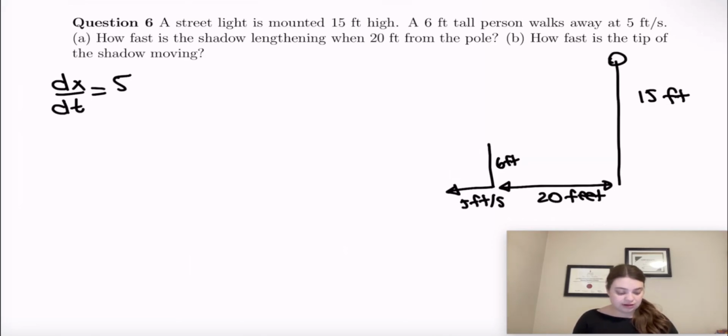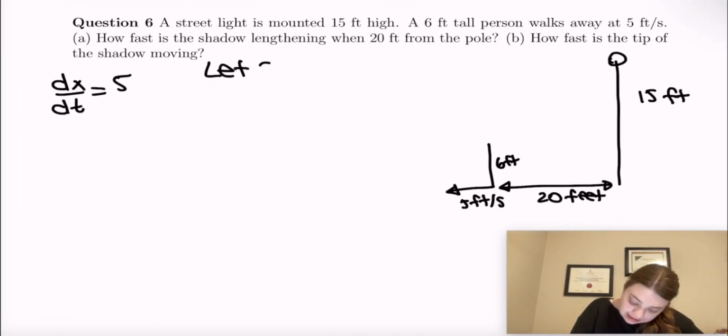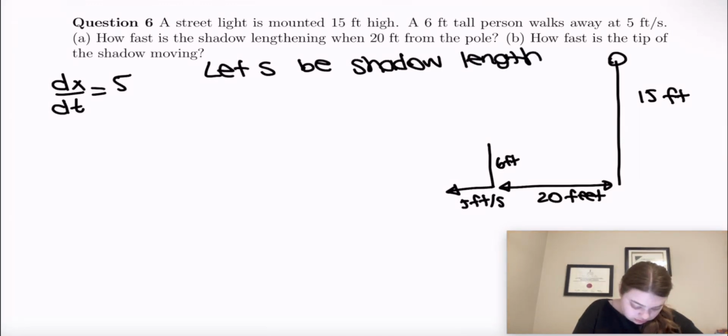Then we need to find the length of the shadow. So let s be the shadow length, and therefore x plus s would be the distance from the pole to the tip of the shadow.